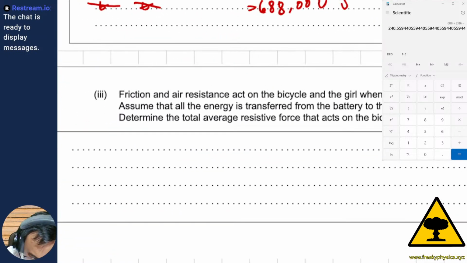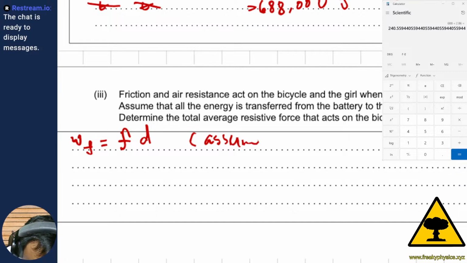Now here's the thing about it. You can think about it this way. The work done by the frictional force should be equal to the frictional force itself times the distance traveled. Hold on. Is this going to work? Determine the average resistive force. Actually, yeah, we can deduce this, because if we assume constant or uniform speed, this will work.